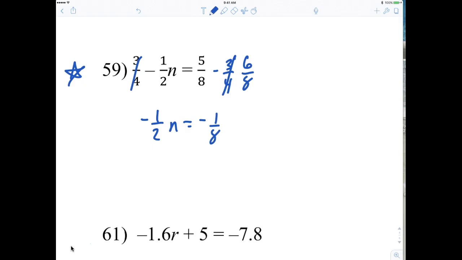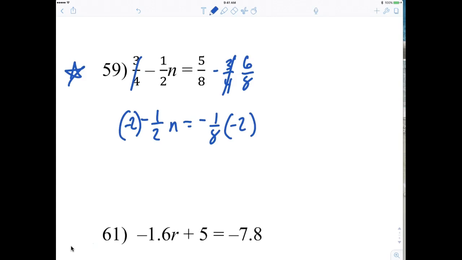That's kind of how I would like for you to do it. You should be able to do the mental math in here. Now I'm going to multiply both sides by -2, because to undo a fraction, you multiply by the reciprocal. The reciprocal of 1/2 is 2/1, which is just 2.